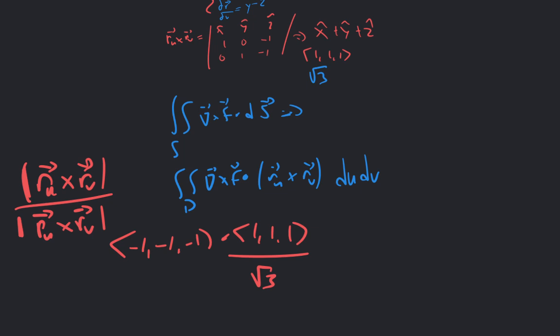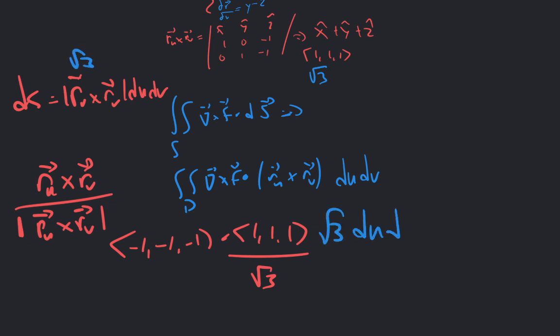I guess it is a little confusing right here, but there's no magnitude right there. Magnitude is on the denominator. Our ds term also has a magnitude, ru cross rv du dv, our root 3 term. So we're going to have our root 3 du dv. Those terms are going to cancel.